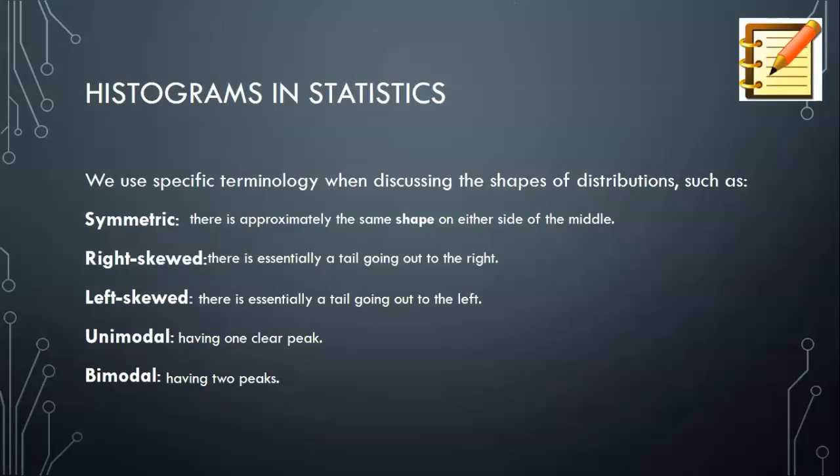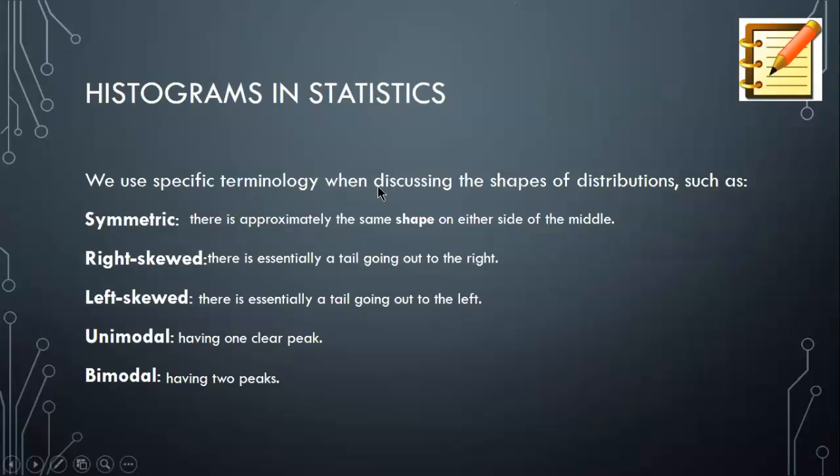So histograms in statistics have names for their shapes that give us an idea of how the shape might look. So Trinity said groups can be organized by shape, bell shape, rectangle, left skew versus right, absolutely. Good vocabulary there, by the way, Trinity. Let's see if your definition of left skew matches right skew.